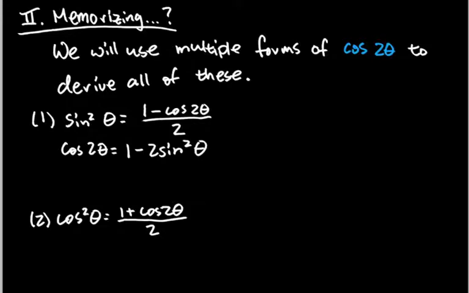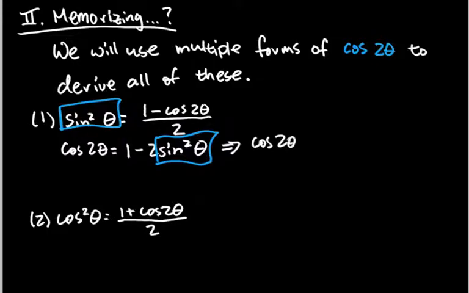Alright, so our goal is to isolate sine squared theta, right? So let's just get things away from it as much as possible. If we subtract 1 from both sides, we get cosine of 2 theta minus 1 equals negative 2 sine squared theta.